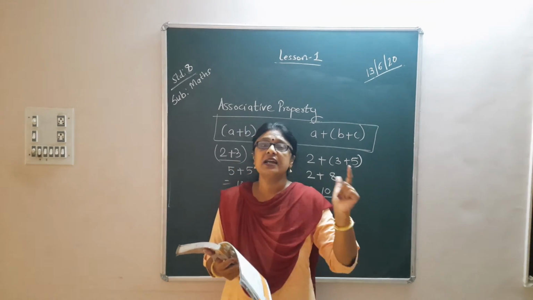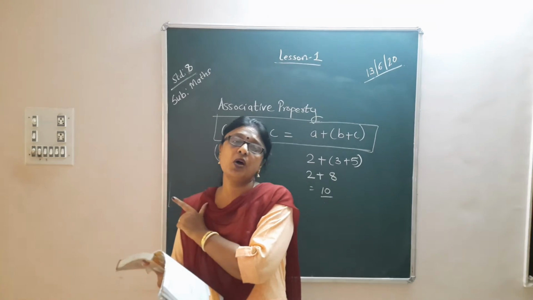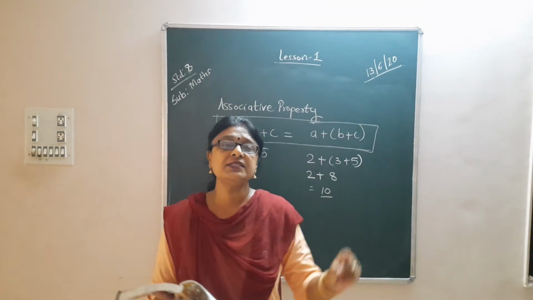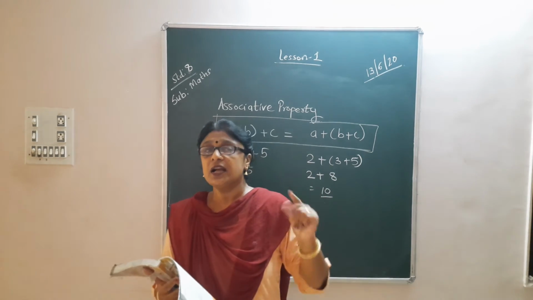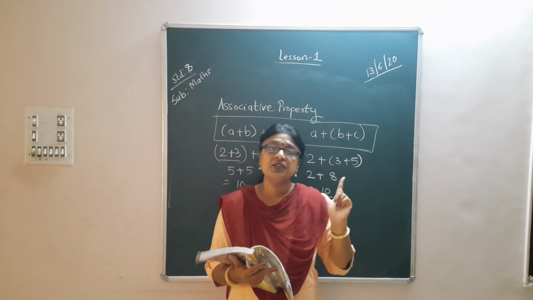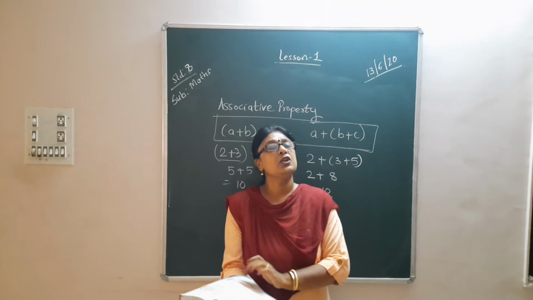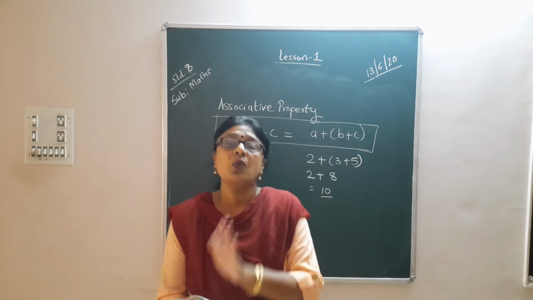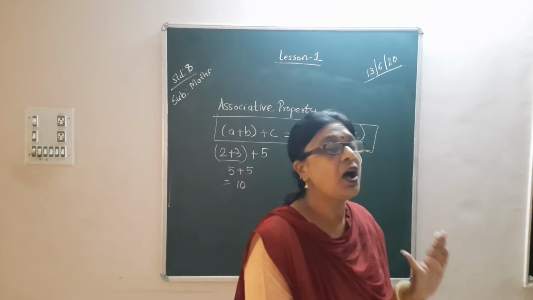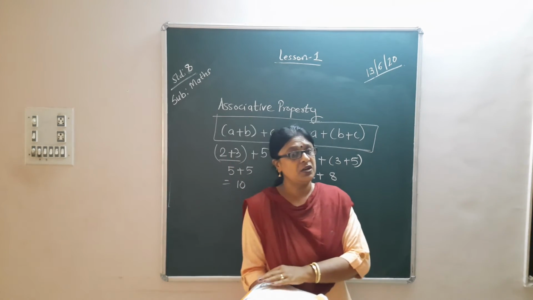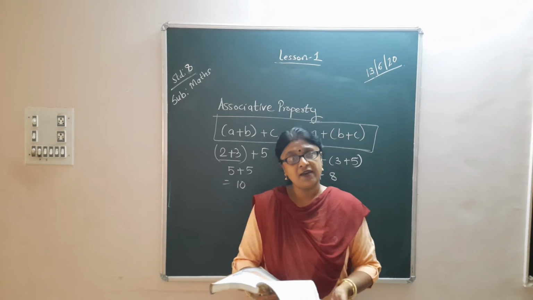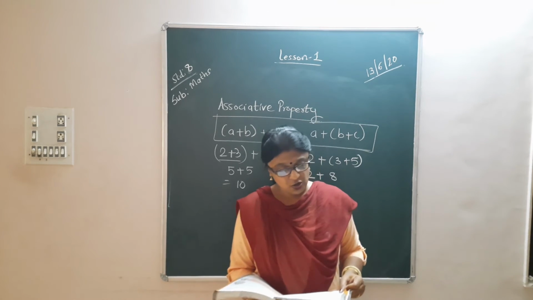Natural numbers starting from 1 to positive infinity. Whole numbers starting from 0 to positive infinity. Right? Continuously all these things should be in your mind. Then only you will be able to decide whether the given properties are true for addition, subtraction, multiplication, and division. Okay? So you have to have these basics clear in your mind.